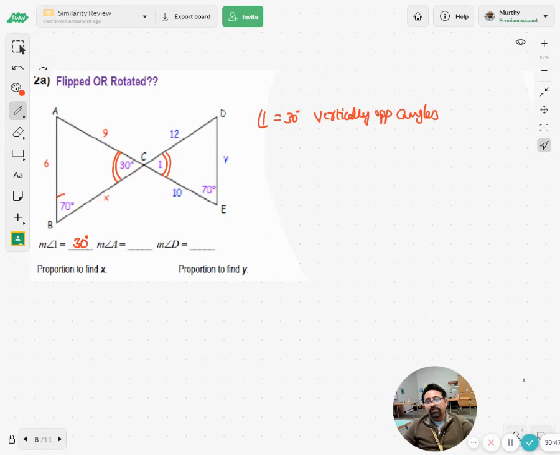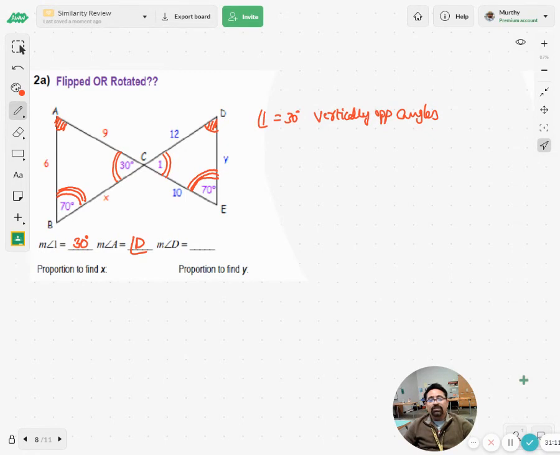So here I see that angle B equals angle E, right? Because these two are of the same value, 70 and 70. So what is the value of A? You can sense that these two angles are equal, so angle A equals angle D.